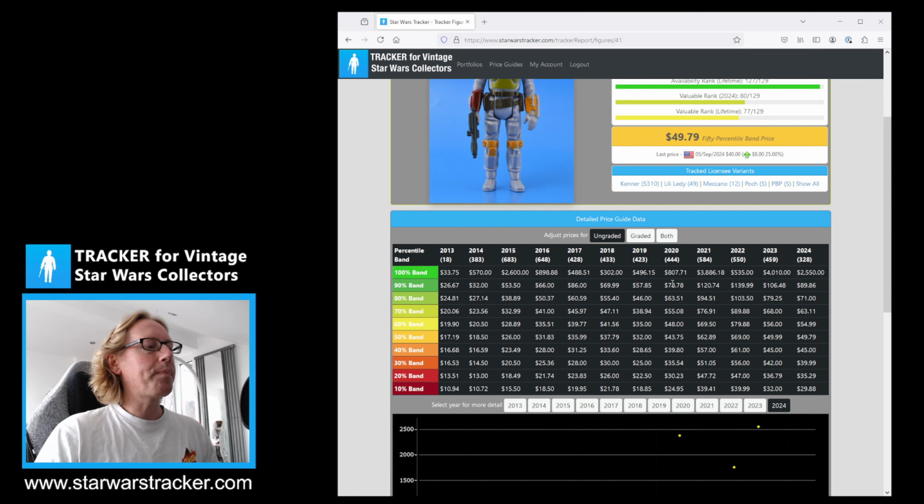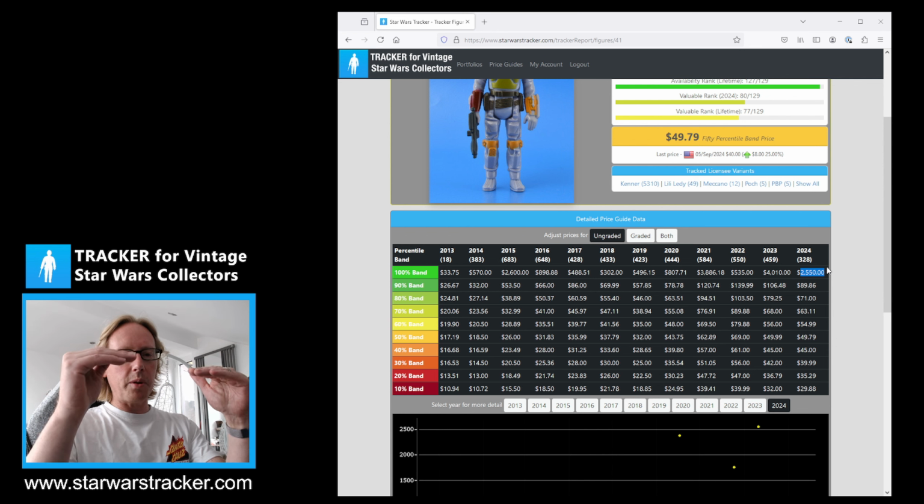So for example, if you just wanted to report an average price, which is what a lot of price guides do and what people quote when they say how much something's worth, in this case, if you took the average, this price of $2,500 would be included in the average. So just to recap, average is adding up all the prices and dividing by how many prices you saw. If $2,500 gets included in that, it's going to artificially skew up what the average price was.